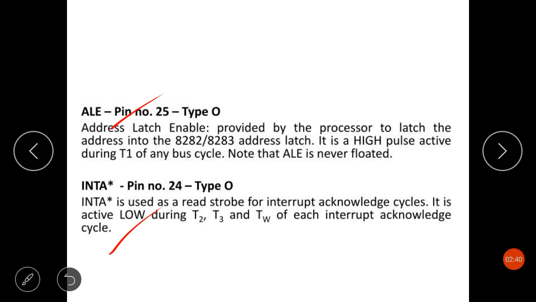It consists of two negative going pulses in two consecutive bus cycles. The first pulse informs the interface that its request has been recognized, and upon receipt of the second pulse, the interface is to send the interrupt type to the microprocessor over the data bus.